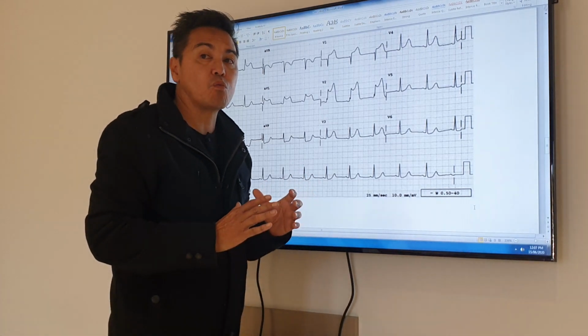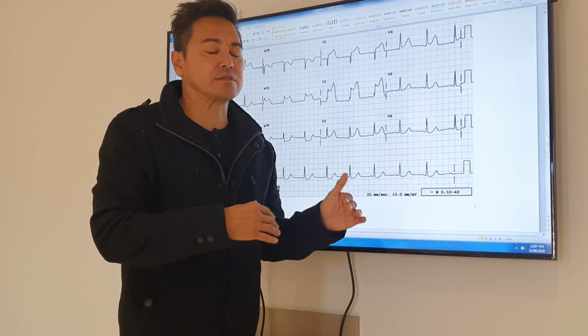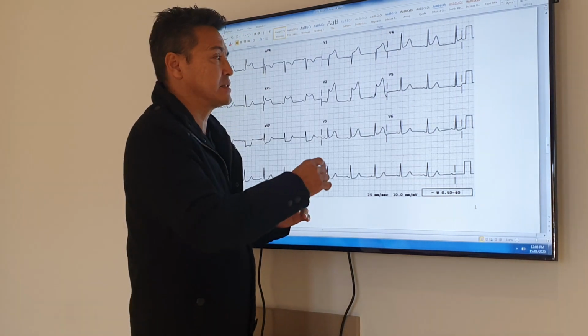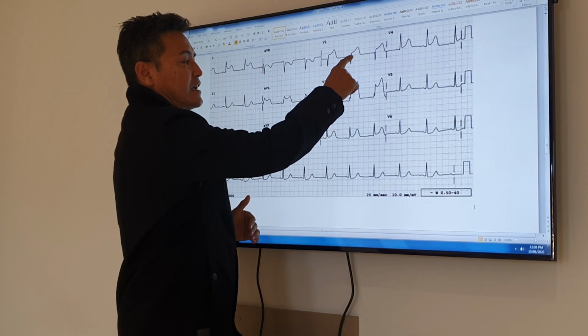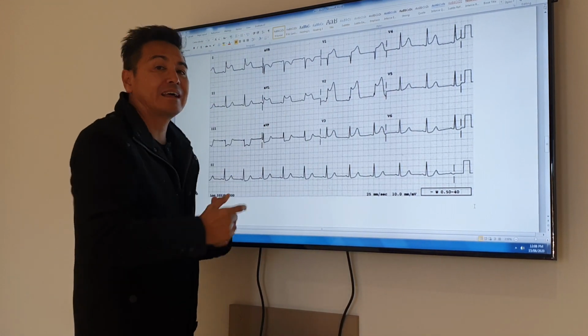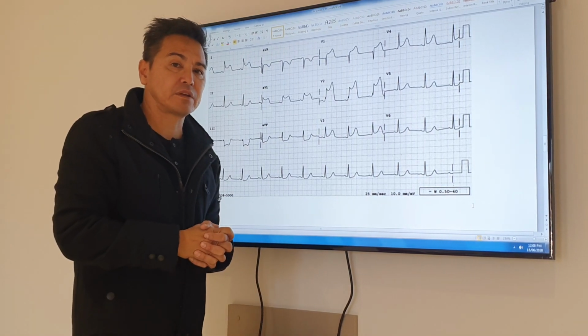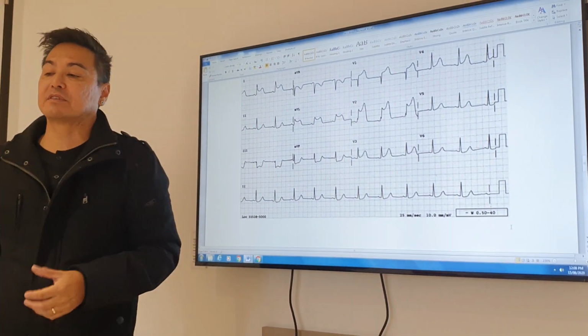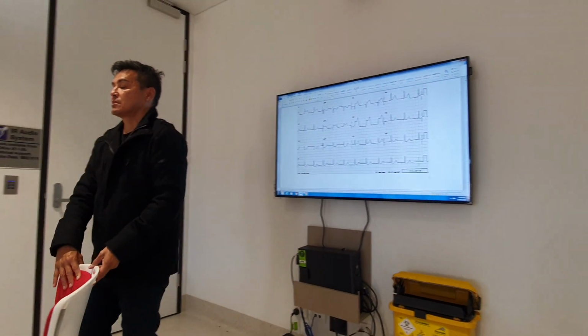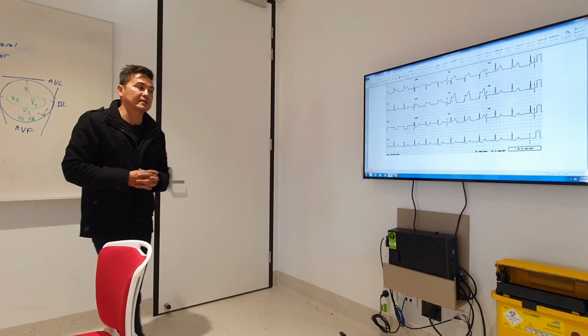Okay, so what we could call this, and there's other ways of naming these ECGs, is that the patient is having a septolateral infarct.